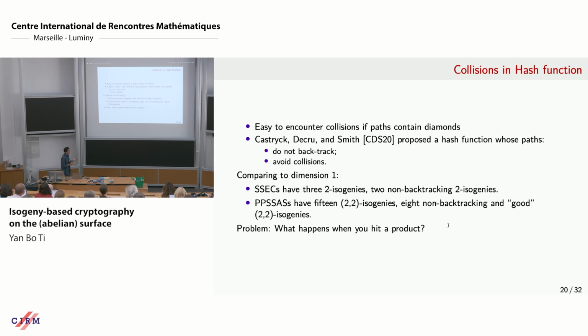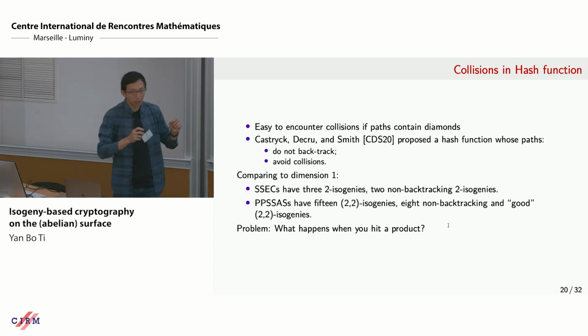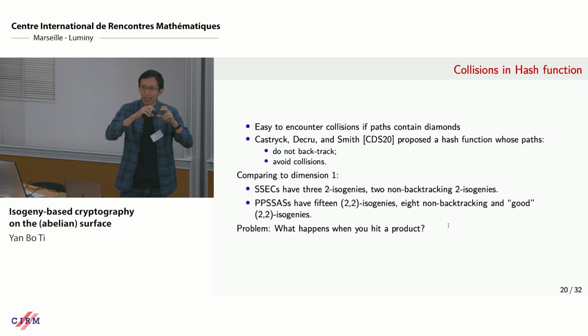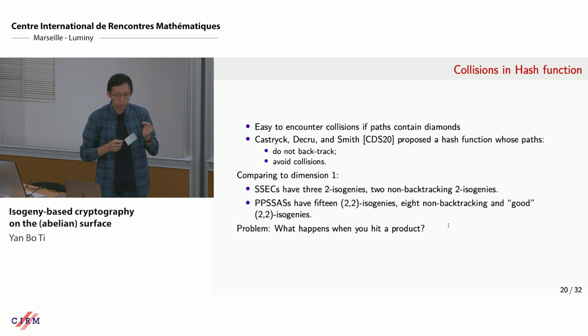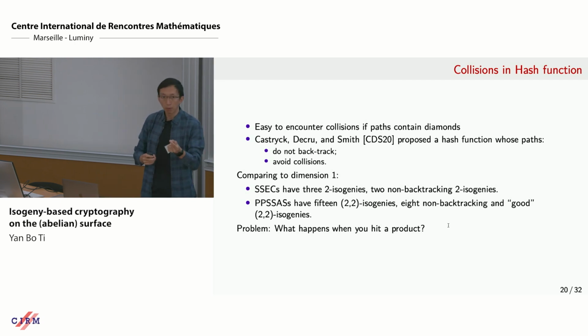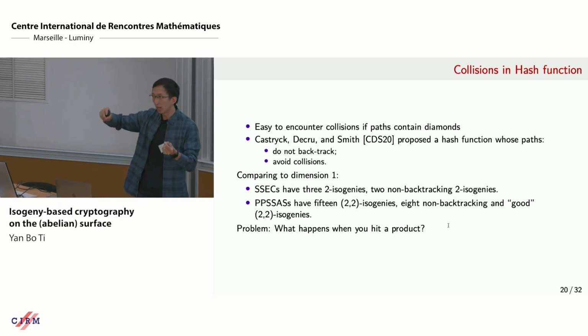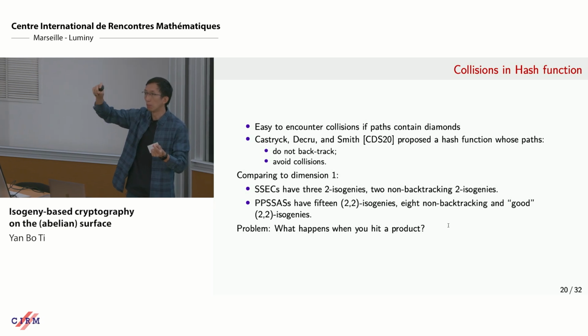So what happens when you hit a product? Because I didn't tell you this because it's going to come later on, but I told you this actually before, there are products within the isogeny graph, right? But what happens when you end at a product, or when you encounter a product en route during a computation?